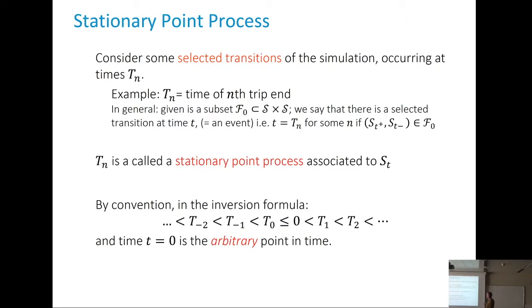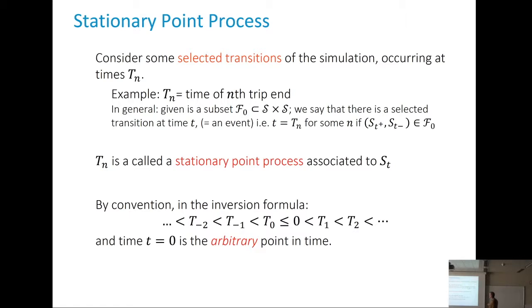Remember the simulation has a state, St, which belongs to a state space S, curly S here. Then I can define a subset of the Cartesian product of S by itself, which I can interpret as transitions. When the state changes from some value to another, I decide that there is an event of interest. And the time at which it occurs, I call a selected transition.